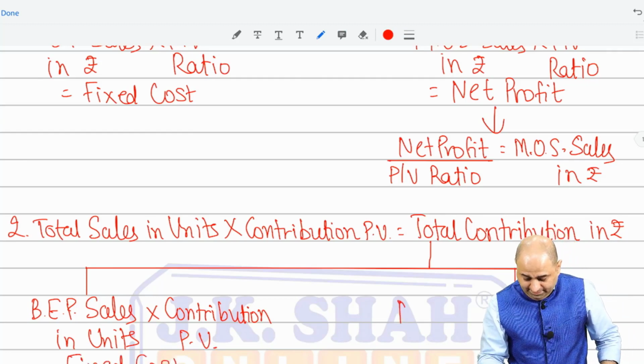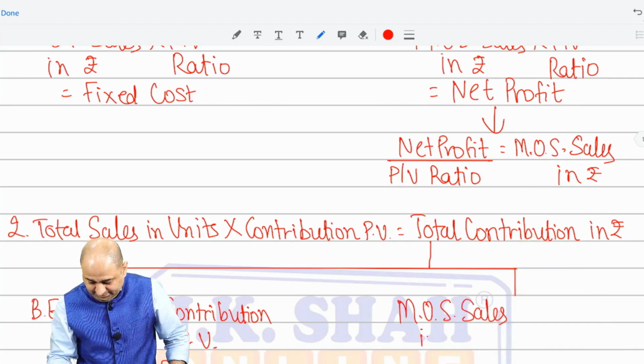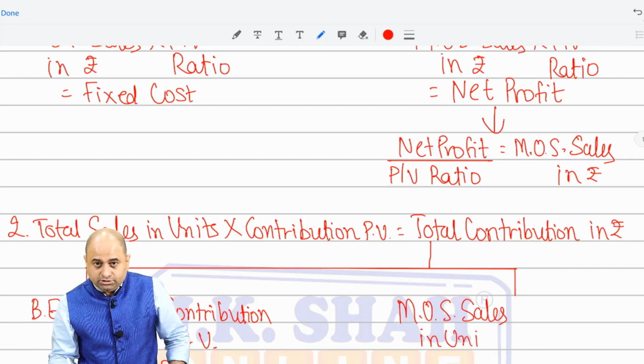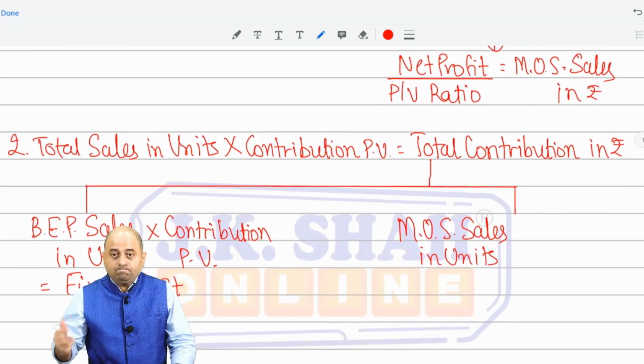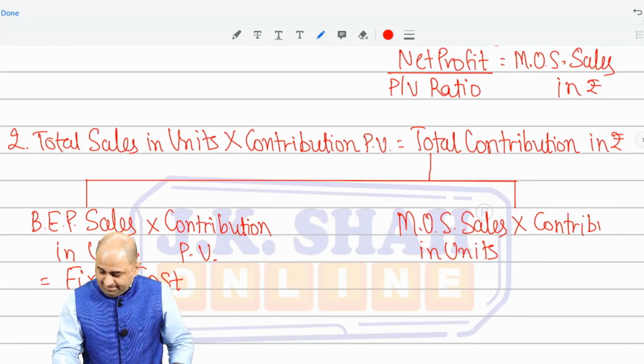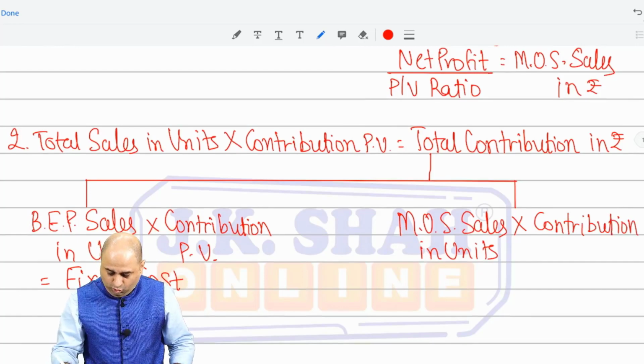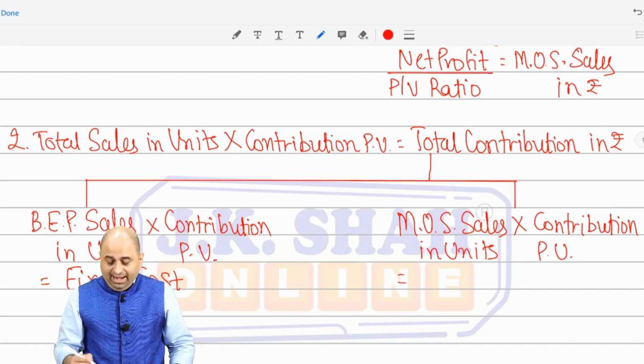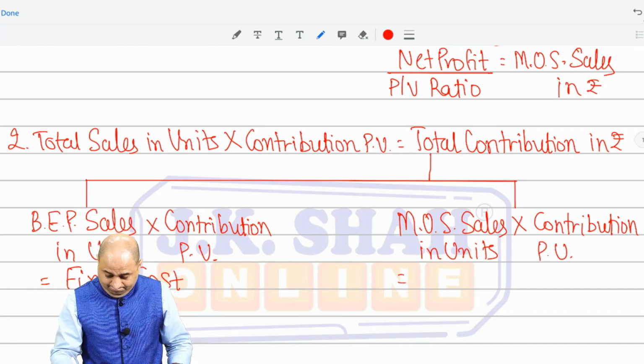And finally, MOS sales in units into contribution per unit, that will give me net profit.